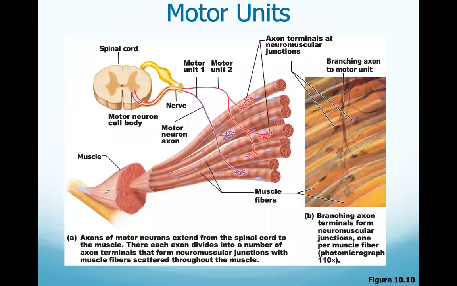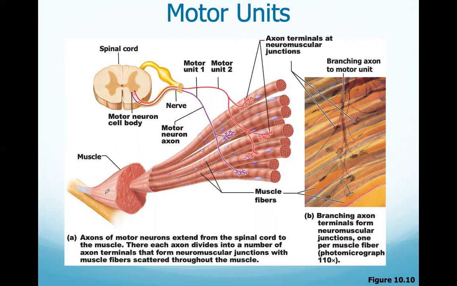Now, another concept we want to talk about is what we identify as a motor unit. You need to understand that you cannot have a 1-to-1 ratio for neurons communicating with individual muscle fibers.